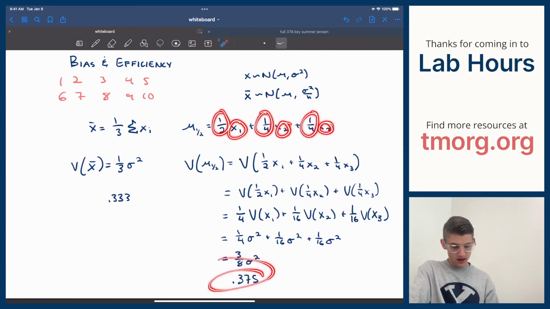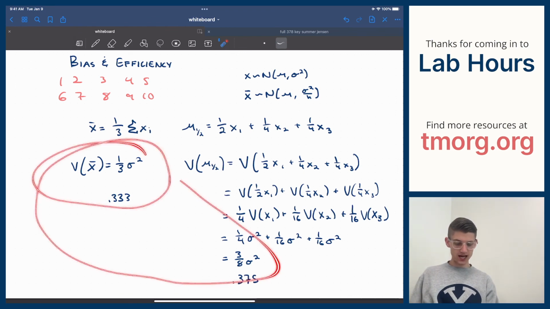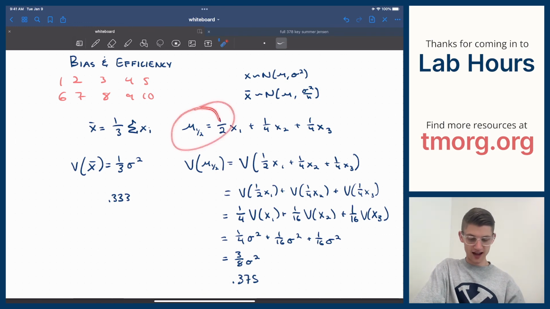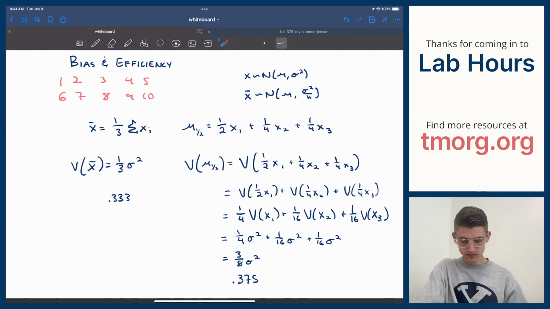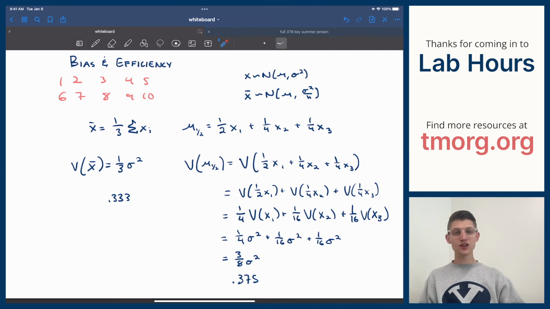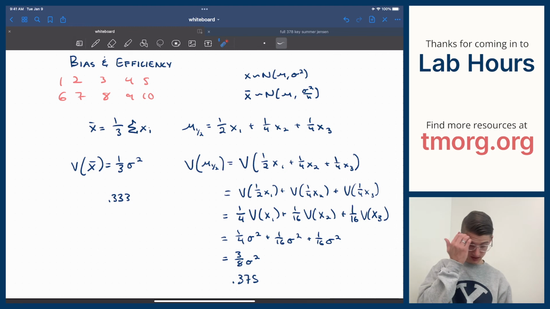So this concept of efficiency is where we say that x bar would be a better overall estimator in general than mu 1/2 because it is more efficient. It has a smaller variance. But there are still cases where you might want to use mu 1/2. It depends. And you'll talk about that more later in the class and also in classes like 388. You might want to use an estimator like this at times, okay?